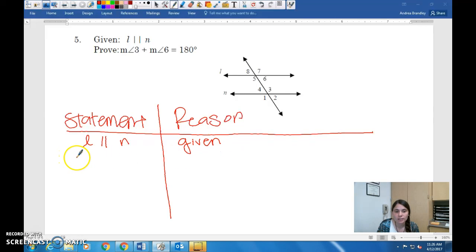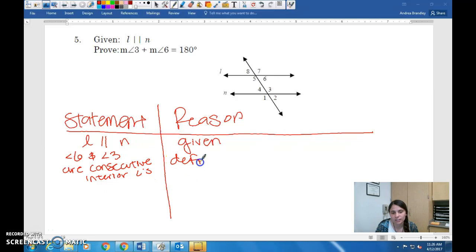So because L is parallel to N, I know that angle 6 and angle 3 are consecutive interior angles. And I know that because of the definition of consecutive interior angles. So you may have to appeal to definitions sometimes.